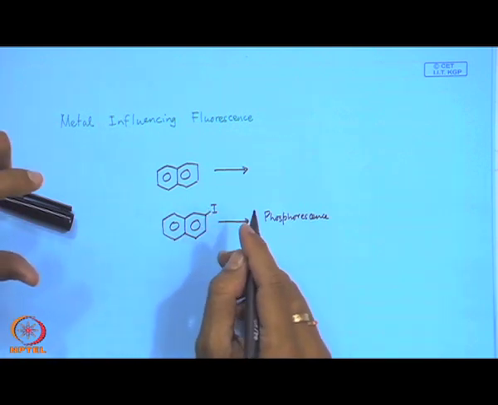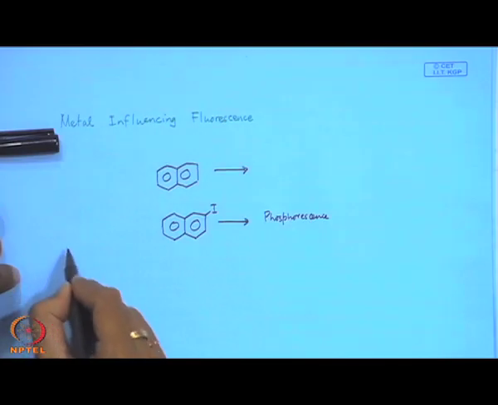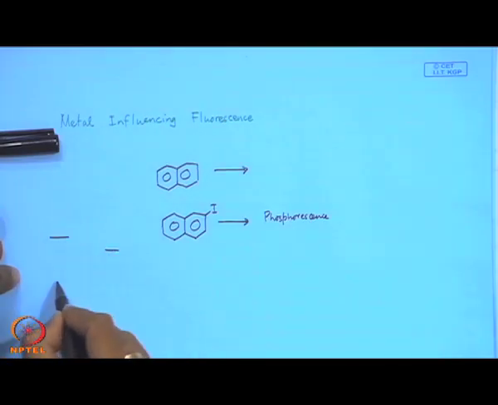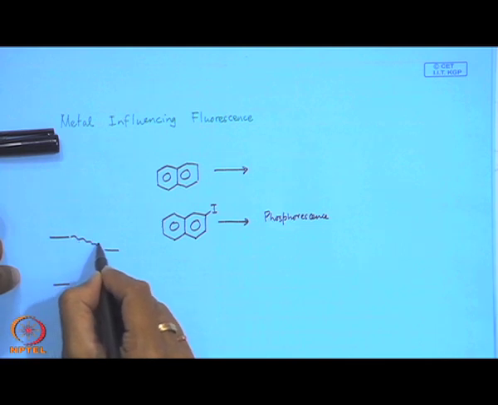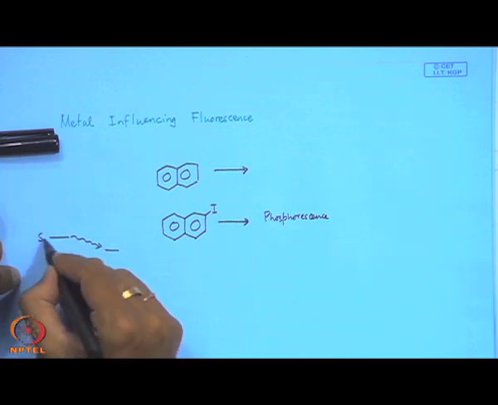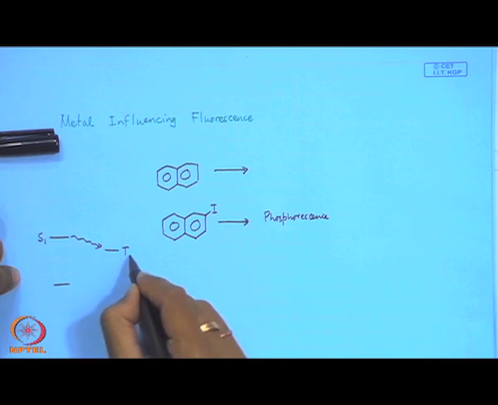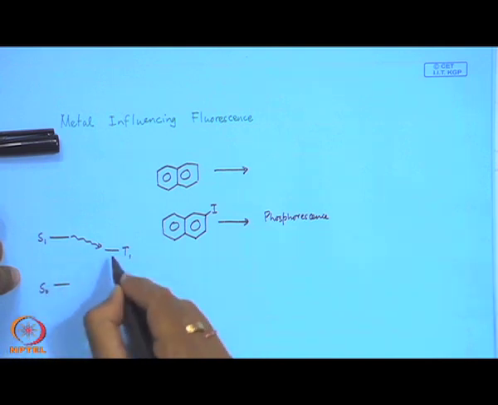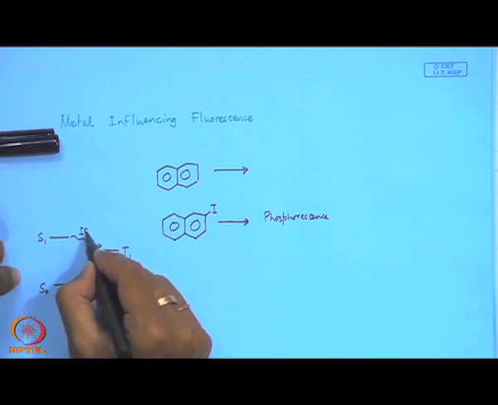Now, what is the role of this iodine? It induces spin orbit interaction between the singlet and triplet levels, so S1 and T1. This population is increased a lot as a result of ISC.